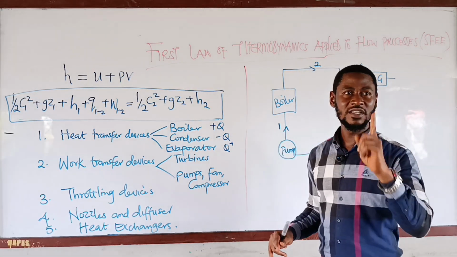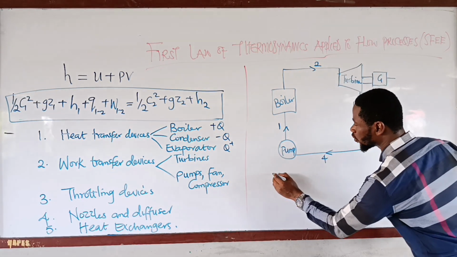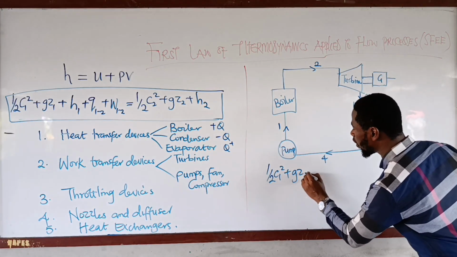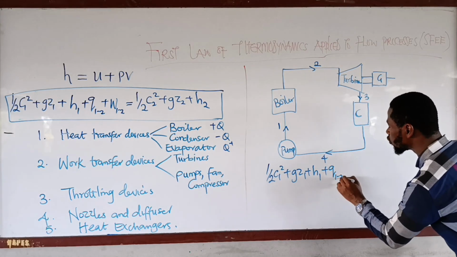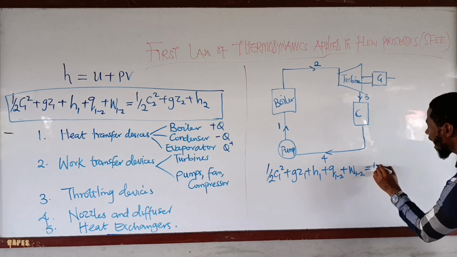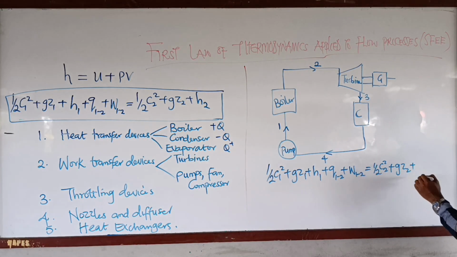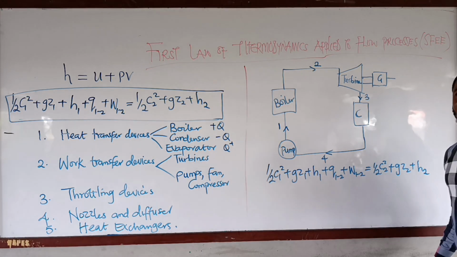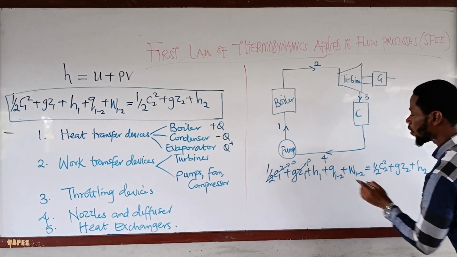Since we are told that kinetic and potential energy are negligible, when we write out the equation, half C1 square plus gZ1 plus H1 plus Q1 to 2 plus W1 to 2 equals half C2 square plus gZ2 plus H2. Negligible kinetic and potential energies, 0, 0.